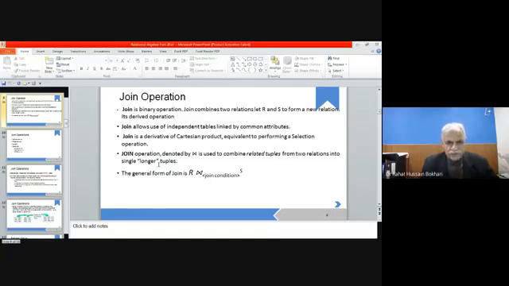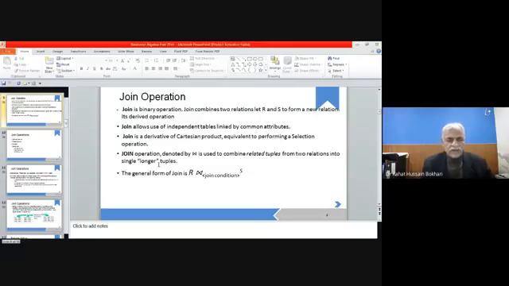So join is a binary operation, and it combines two relations R and S, and gives a new relation. The join operation is a derived operation. Furthermore, it allows independent tables to be linked by a common attribute.